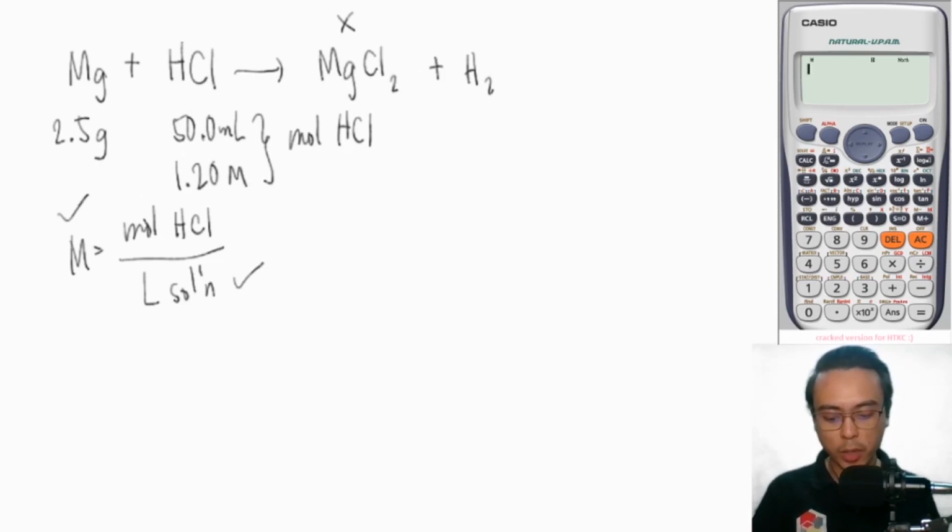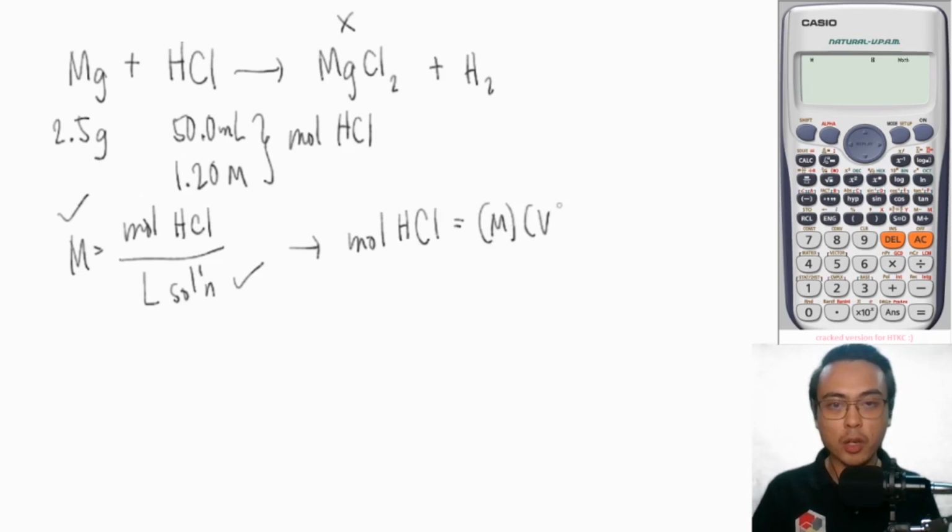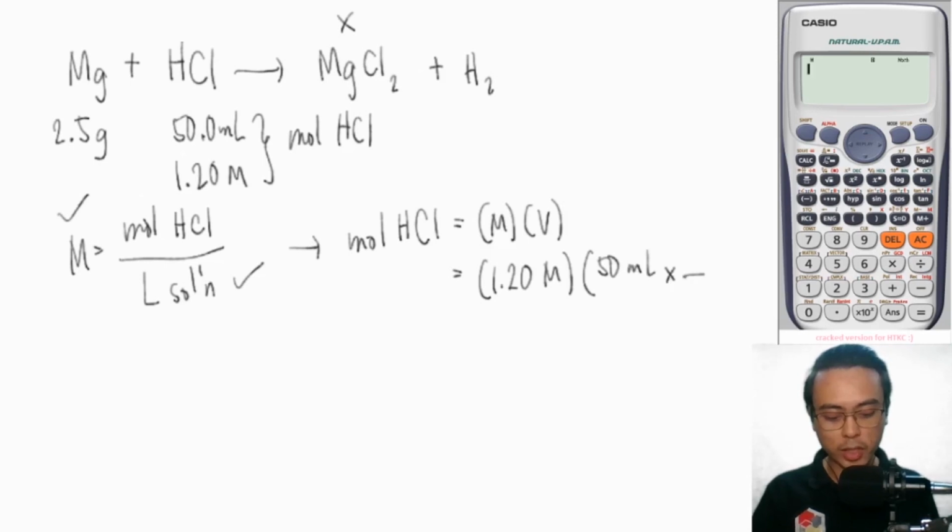By cross multiplication, we get that the number of moles of HCl is equal to the molarity multiplied by the volume of the solution. So let's compute. The molarity is 1.2 molar, and the volume of the solution is 50 ml. Although we have to convert this to liters, you simply divide by 1000 ml is to 1 liter.